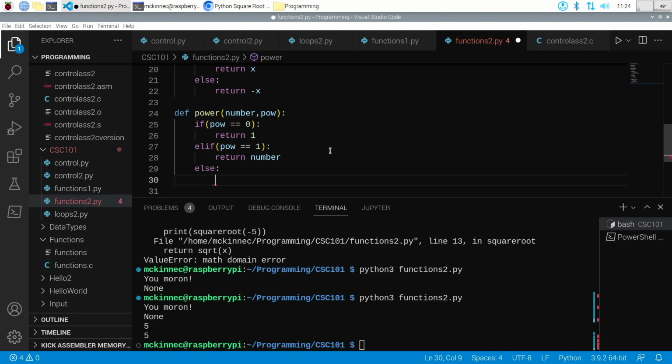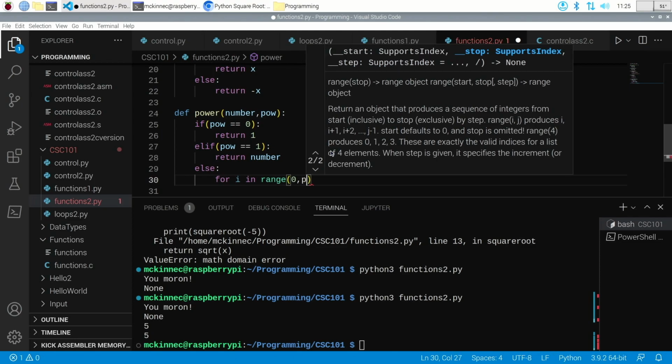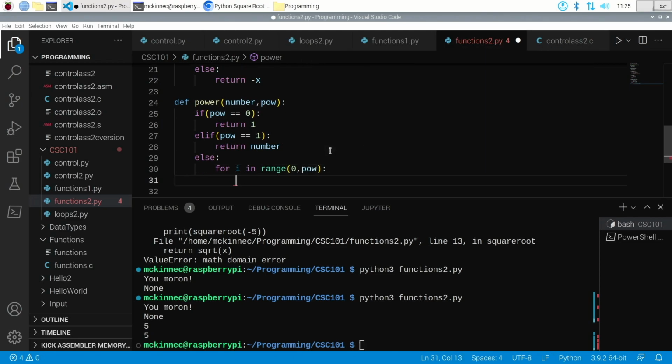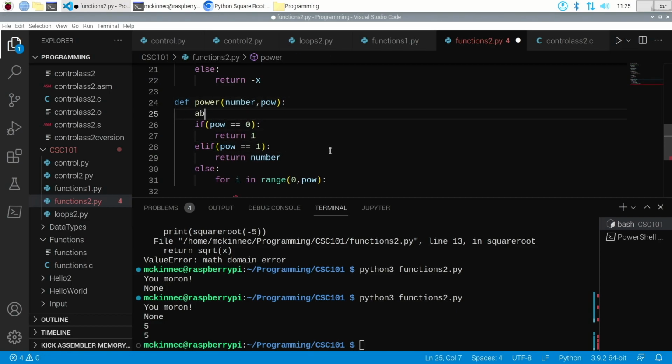That's a repeated process. What kind of programming construction do I want to use for that? A loop, okay? And so how about this? Let me define answer equals 1.